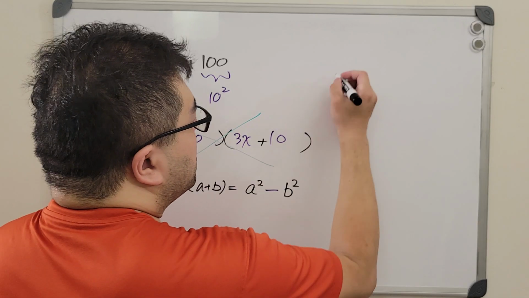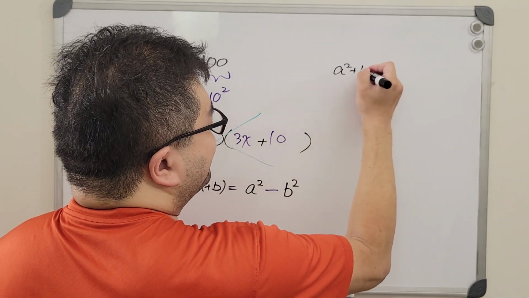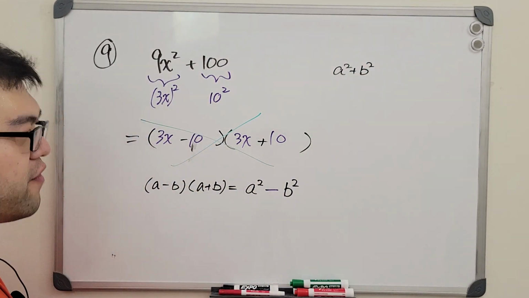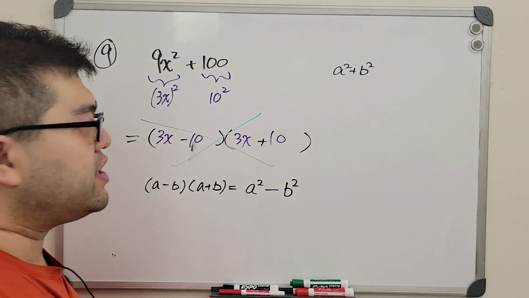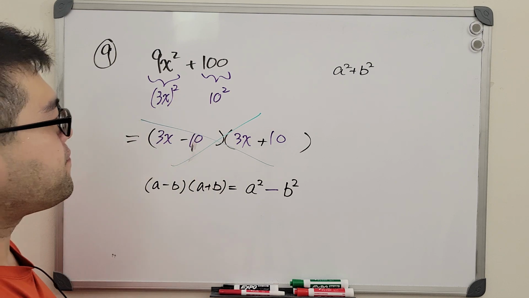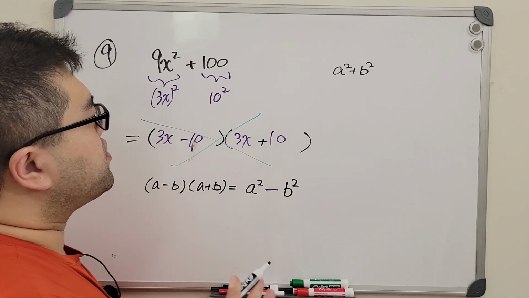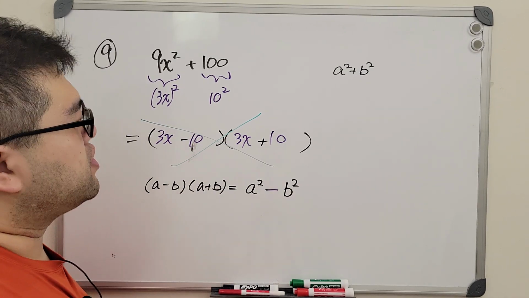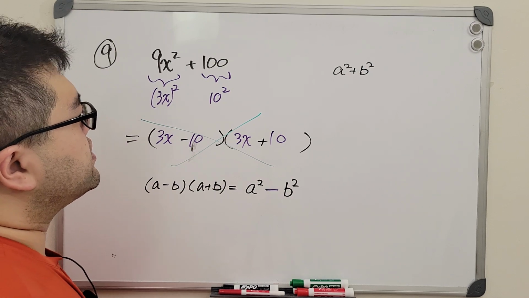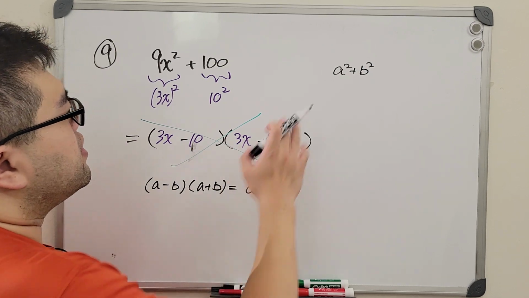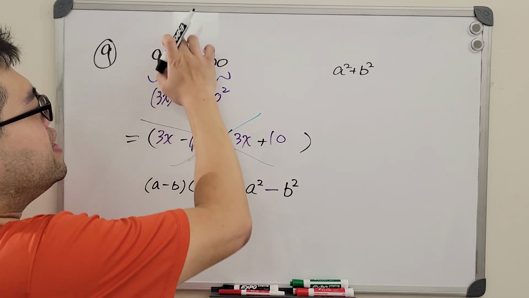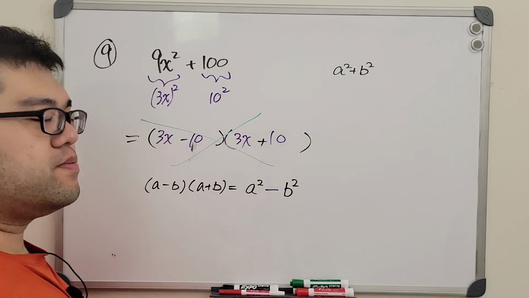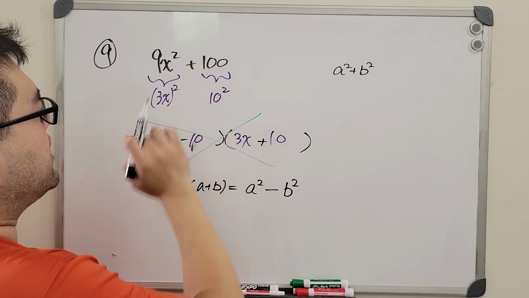In fact, when we have a squared plus b squared, where a squared and b squared are of course positive numbers, we will say that there's no way we can factor it if both terms are in degree 2.